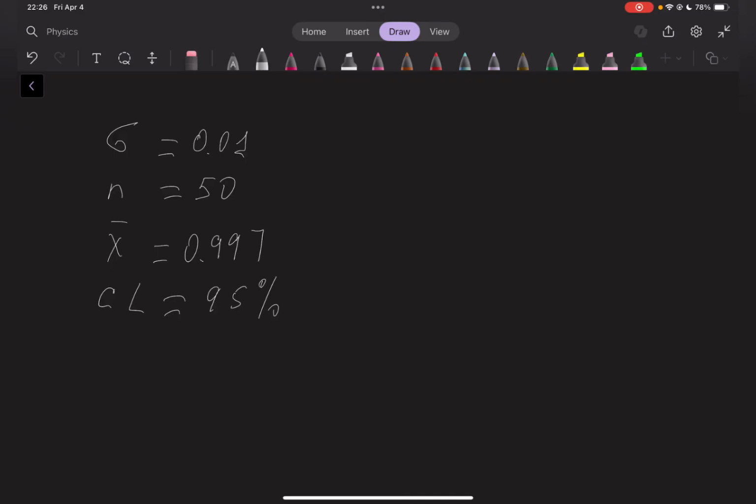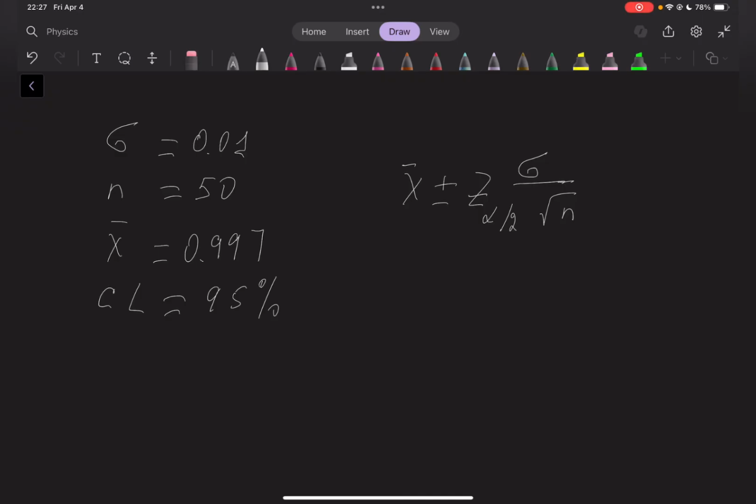All right, so how we are going to solve this problem, because we have not 1 bottle but 50 bottles, we're going to use the formula that gives us x bar plus minus z alpha half over square root n. I will explain alpha half. Actually, I will refresh your memory because you have learned it in basic statistics.